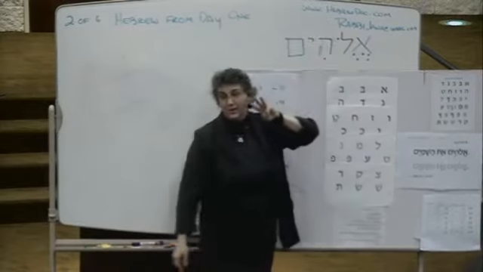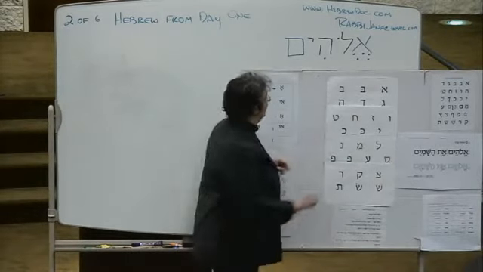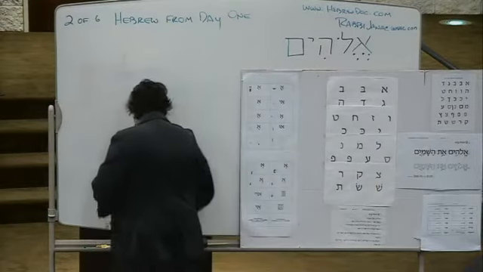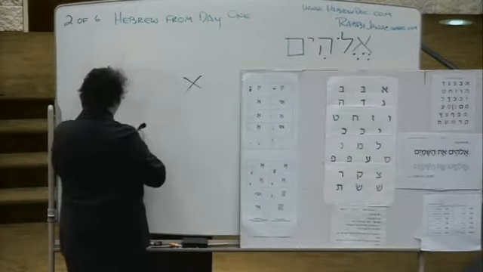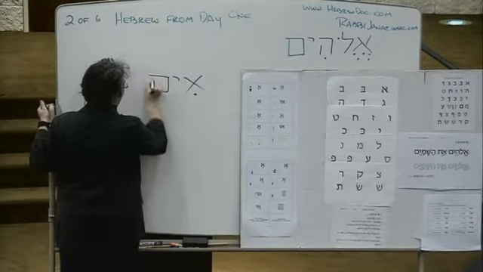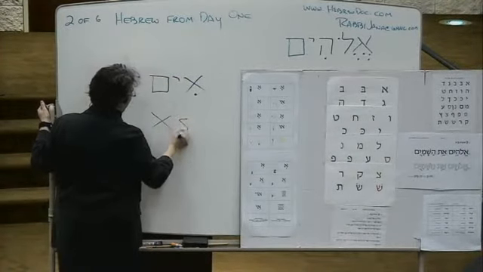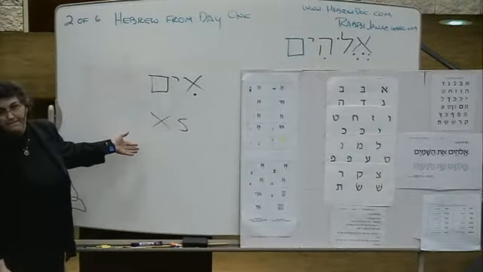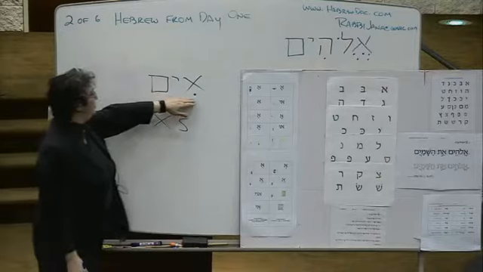And God is the word Elohim. When you see a word that ends with im, that's like having a word in English that ends with s. It's a plural word. This is a plural marker.